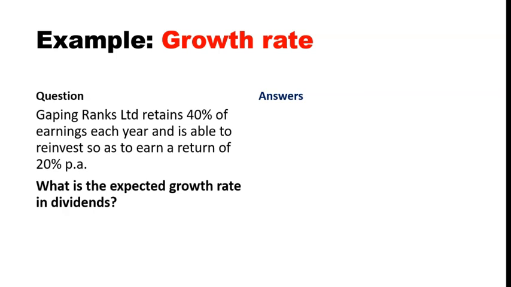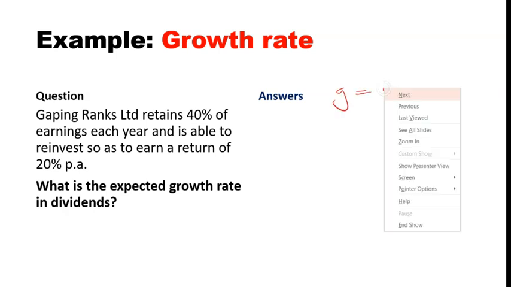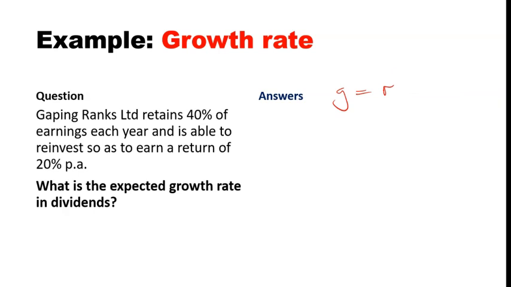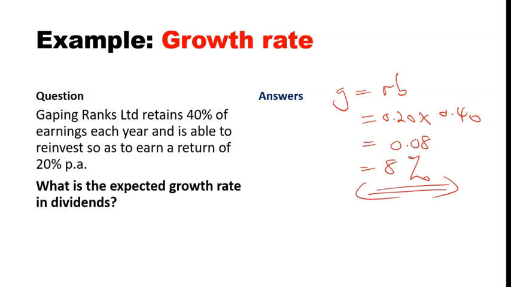Here we can use our G is equal to BR formula. The R is 20%, that is 0.2, multiplied by the B, which is 40%, and we get 0.08, which is about 8%. So the growth rate is 8%.